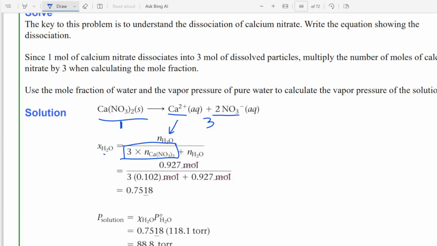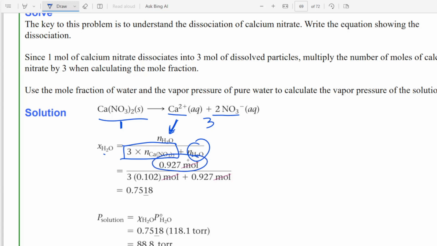And this is a colligative property, so it doesn't matter what type of ions they are, but we get the same effect from the total number of ions. So we put the moles of water on top, 3 times the moles of calcium nitrate on the bottom, and then add that to the moles of water on the bottom to give us the total moles.